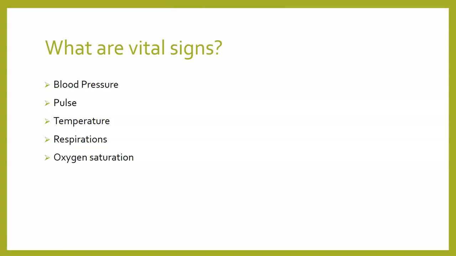It helps us identify trends or any consistent patterns that indicate a change in a client's condition. So for instance, you will learn about orthostatic hypotension. This just means when a person stands up or changes position, their blood pressure will drop.